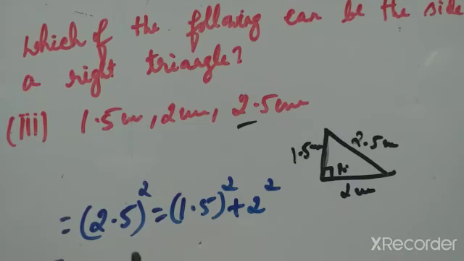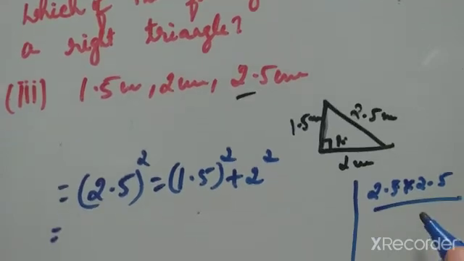Now 2.5 whole square means 2.5 into 2.5, multiplying 2 times. Without the decimal, 25 into 25 is 625. Then 1 plus 1 is 2, after 2 digits you have to put the point from the right side.